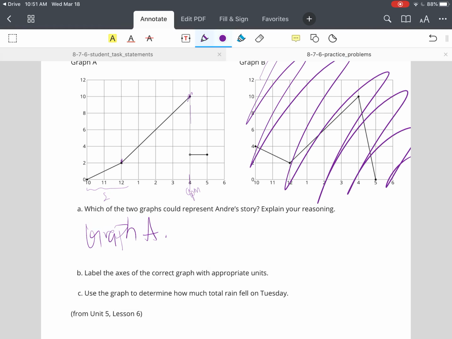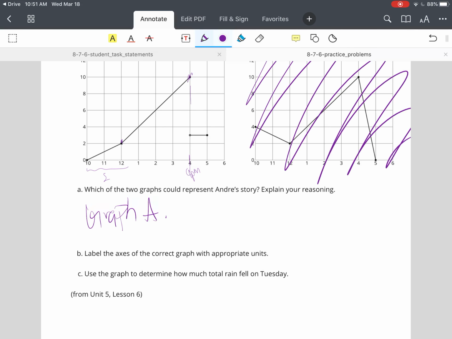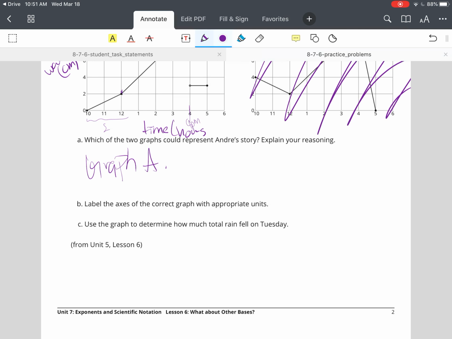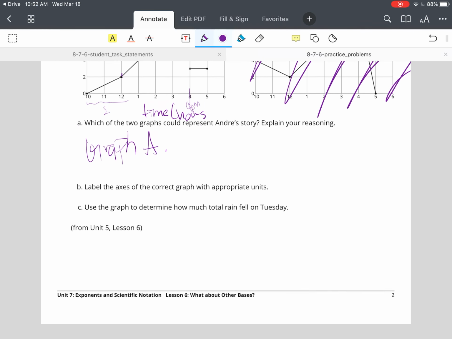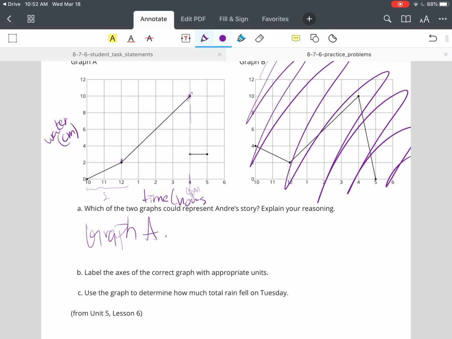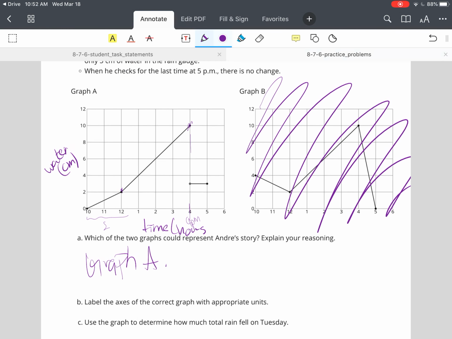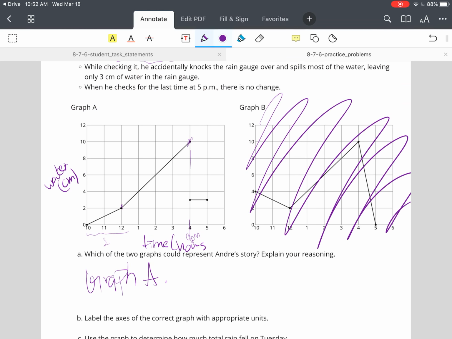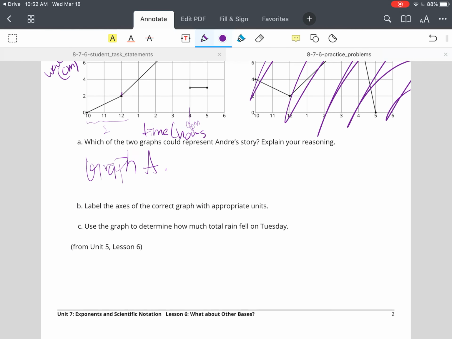Okay, graph A. So this would be time in hours, and this would be water in centimeters. Use a graph to determine how much total rain fell on Tuesday. It's a very good question. How much rain fell on Tuesday?